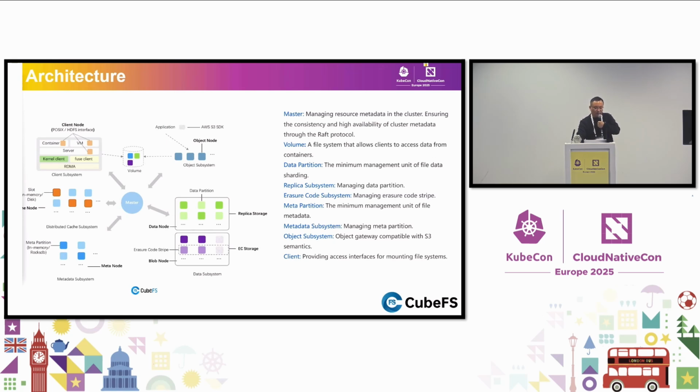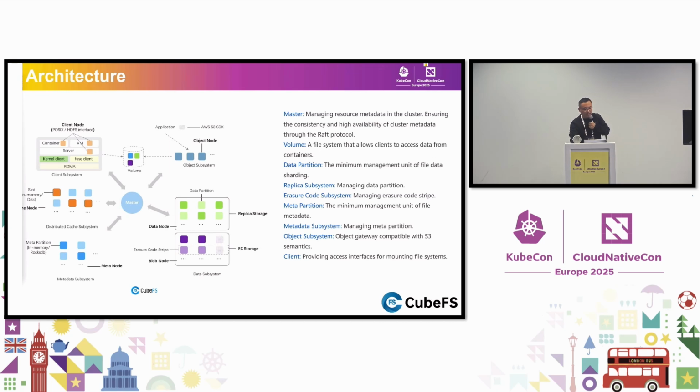The lower left corner is the metadata subsystem. It's carefully designed. It has strong consistency and can be scaled easily. Many system-level functions like the trash, audit, and atomic POSIX interfaces need support from the metadata subsystem.